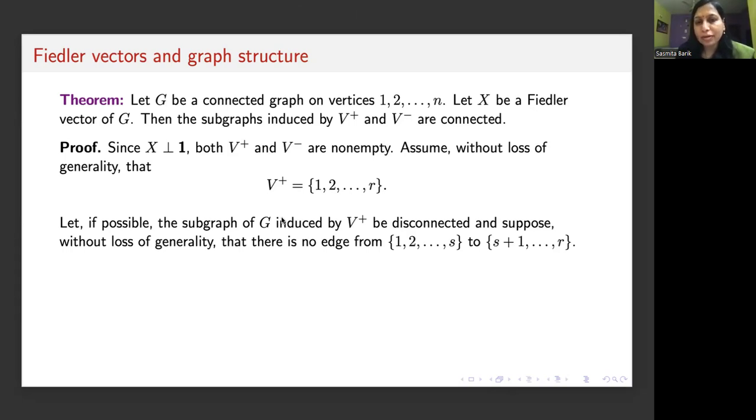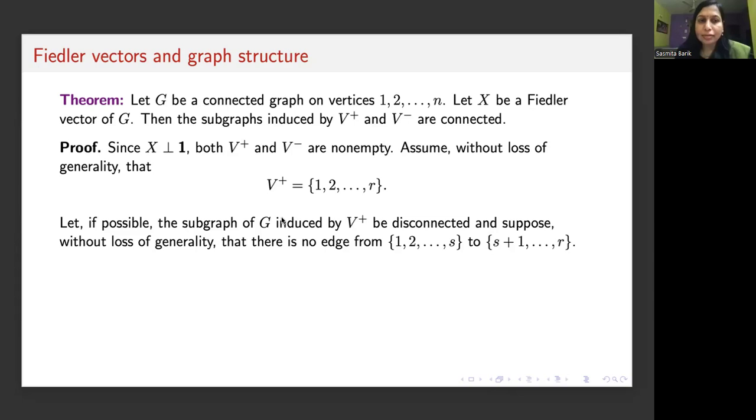Let's say it's disconnected. So the subgraph induced by V plus, the vertices 1 to R of G, let's say that is disconnected.